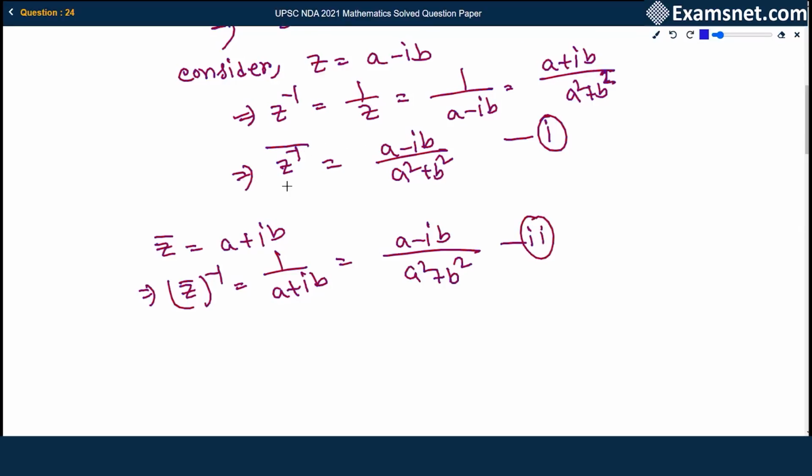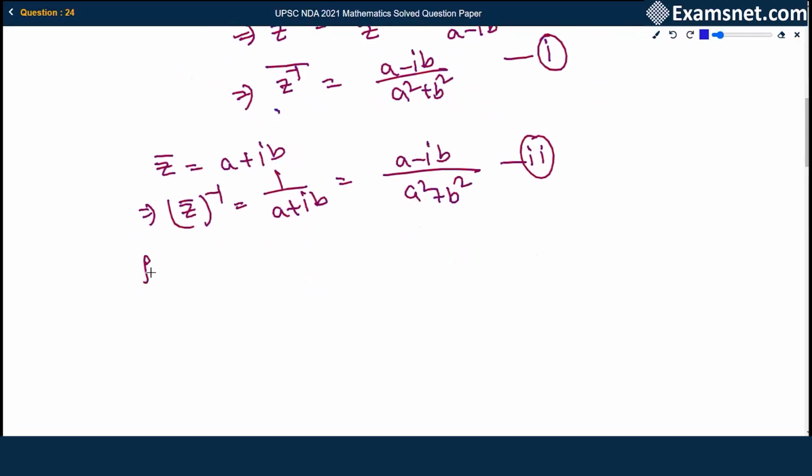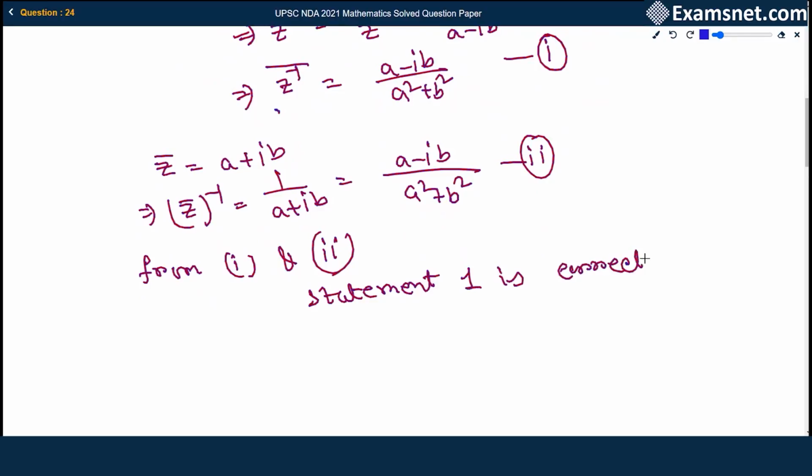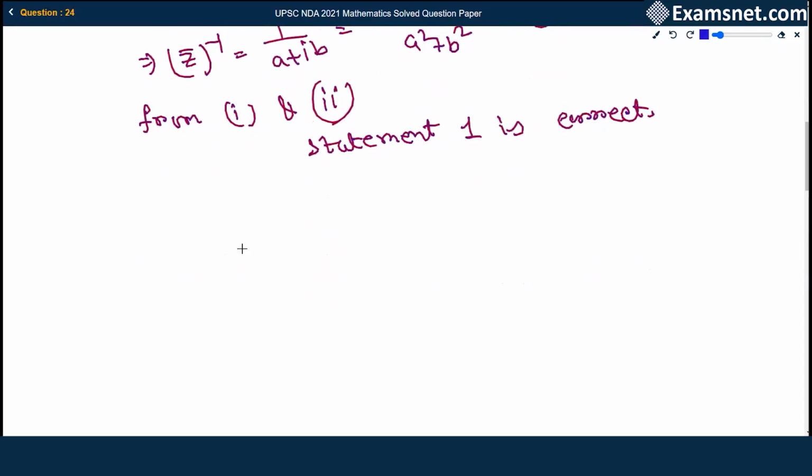Now look here, z inverse bar and z bar inverse both are giving us the same value. That means from equations 1 and 2, we can say that statement 1 is correct. Okay. Now let's check the second statement.